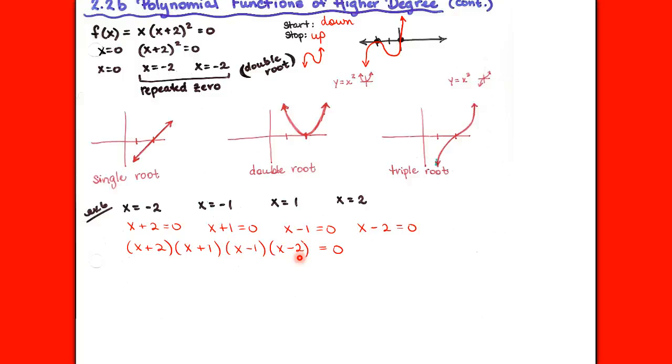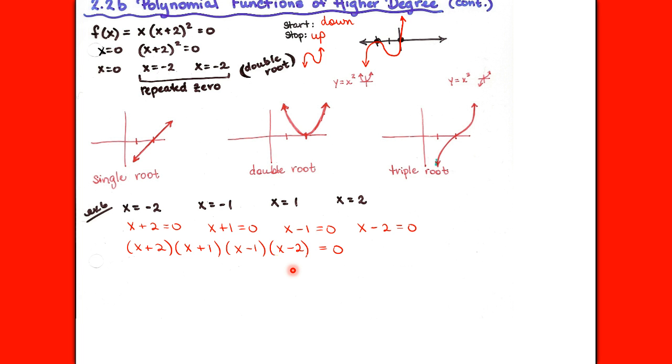Now, if I multiply these back together again, I could start at the left and just work my way straight across to the right. So I could go through and do x plus 2 times x plus 1, FOIL that out, I'll get a trinomial. Take that trinomial and multiply it times this binomial, get a new polynomial. Take that polynomial, multiply it times this binomial, get a new polynomial. I definitely could do that.